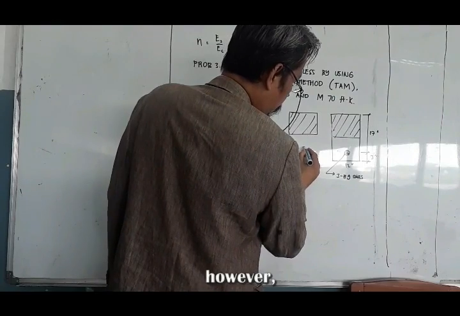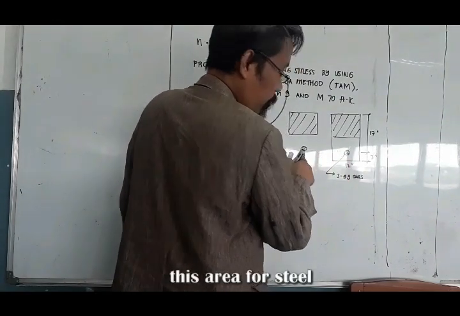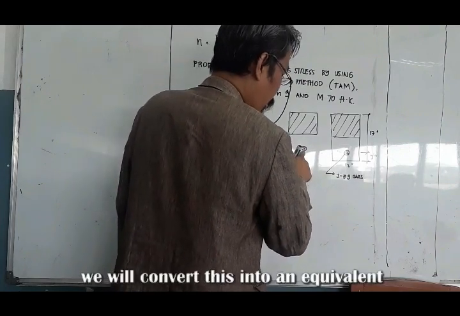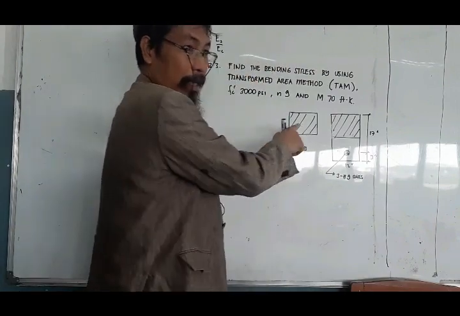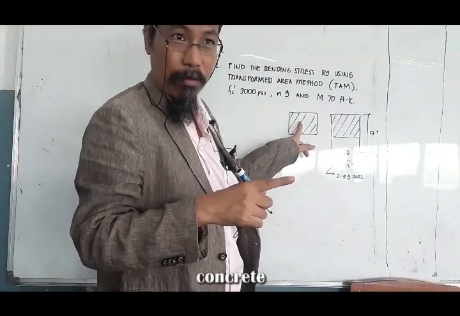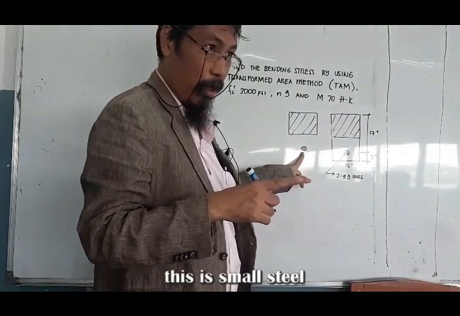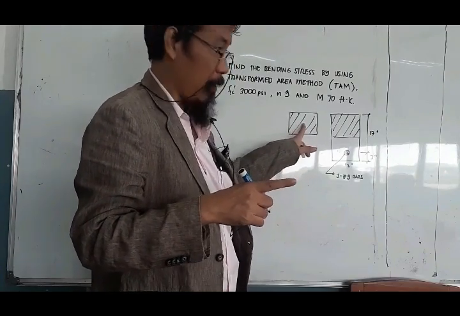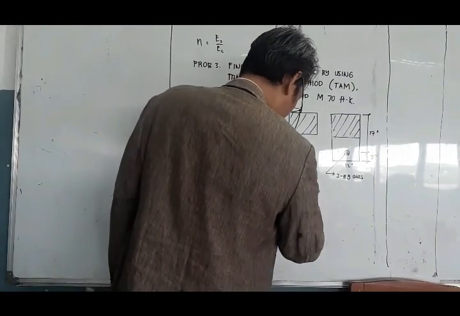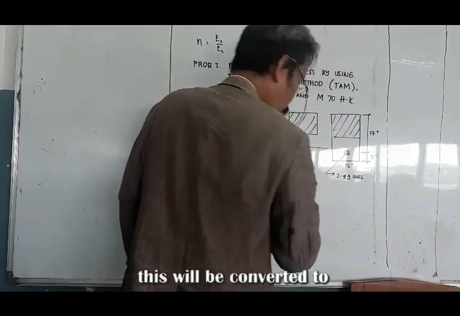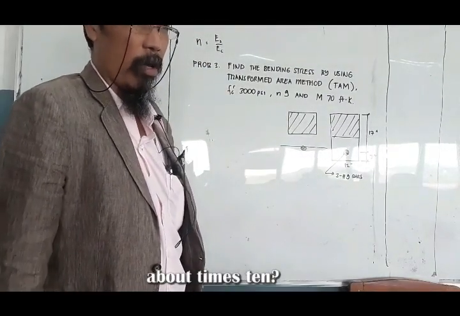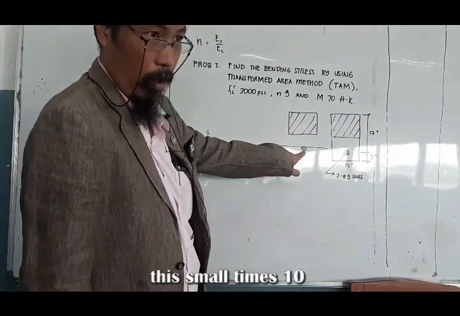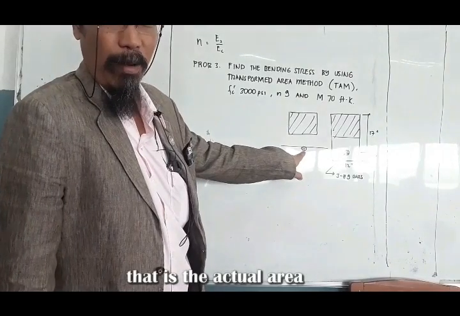However, this area for steel will become larger because we convert the steel into an equally strong concrete. This small steel converts to an equally strong concrete. How much can this be converted to? More or less about times 10.